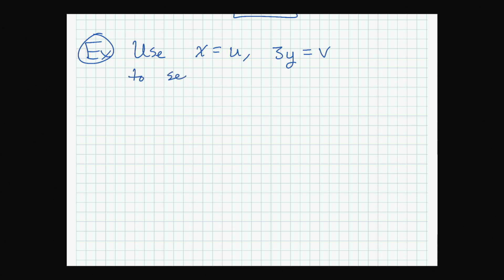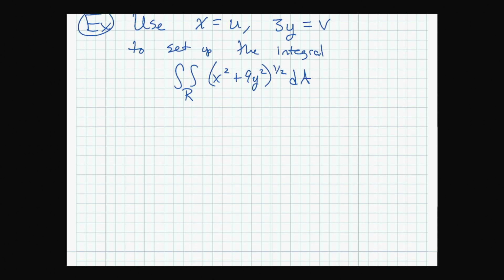To set up the double integral over R of (x squared plus 9y squared) to the 1/2 dA over R.